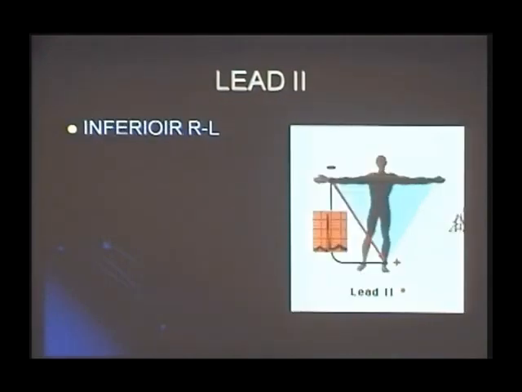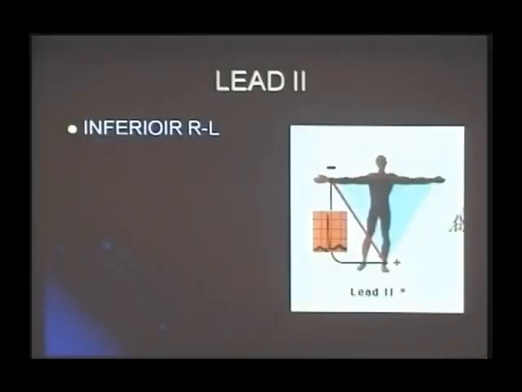Whereas in lead 2, I connect the positive pole to the left foot and the negative pole to the right upper limb. So my right upper limb is here, left foot is here. In what direction am I recording now? I am recording the inferior vectors, the impulses going down from the right side towards my left side.